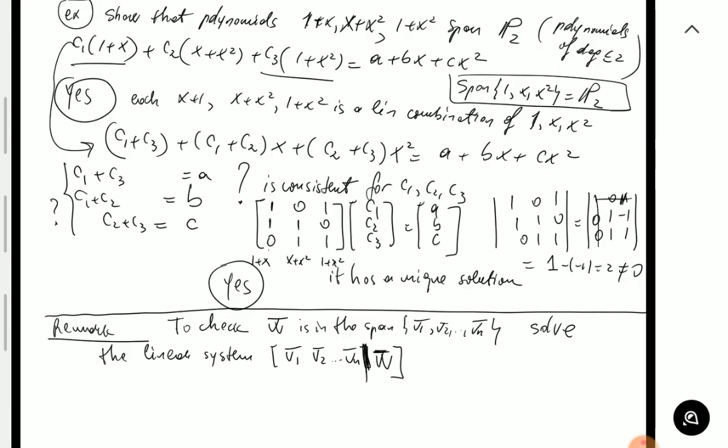So if you look at the previous examples, this is essentially what you did in all of these contexts. You put the vectors by columns, augment it with the vector that you want to check to see if it is in the span, and see if that system has a solution or not.